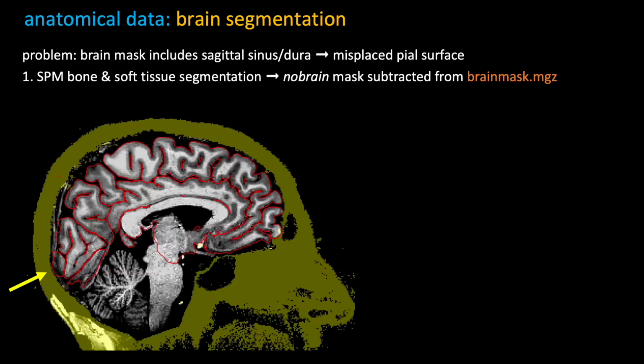Now, these maps from SPM are probability maps, so we can threshold them as we wish. Perhaps making a little bit more aggressive no-brain mask would be helpful here. But more likely than not, it would be a similar result to the previous slide, that you would basically fix it in some regions and ruin it in some other regions.